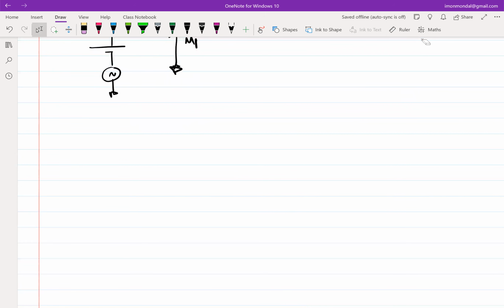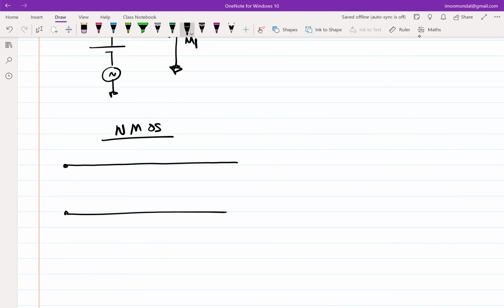So, just for the sake of continuity, let me spend a couple of minutes on this. We have been using an NMOS transistor. So this is P minus substrate, this is N plus, and you have a gate.